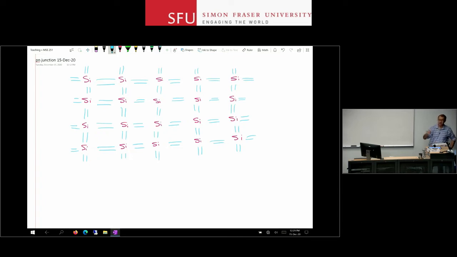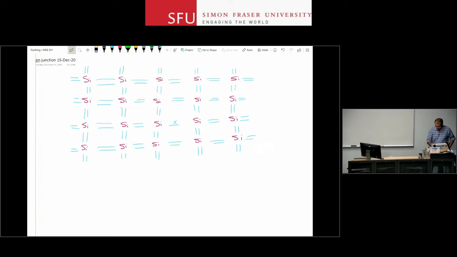As soon as you raise the temperature to, let's say, a few degrees Kelvin, or maybe a few tens of degrees Kelvin, you will have enough thermal energy that from time to time, one of these bonds gets broken. As soon as that bond gets broken, the electron that was shared between these 2 silicon atoms is now able to move, right?